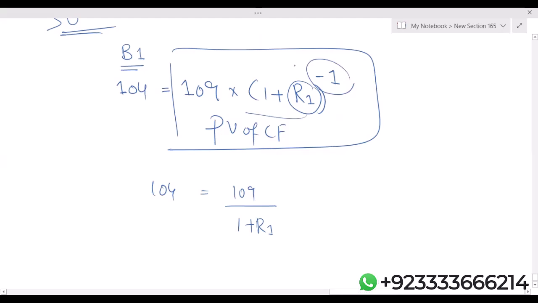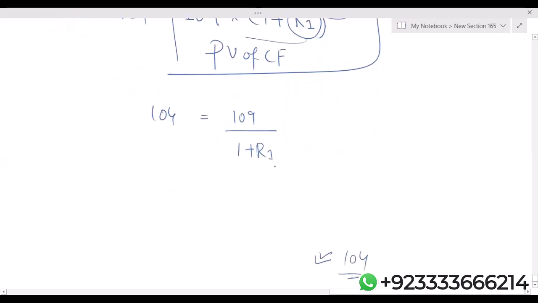Now, I really want you guys to use the calculator. What is R1? Now, 1 plus R1 is in the denominator. Multiply by 104 is equal to 109. So 104 comes here. Keep watching, please.